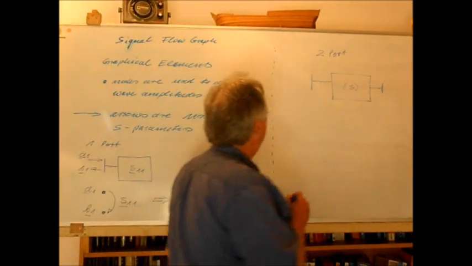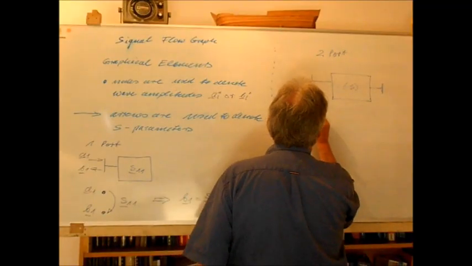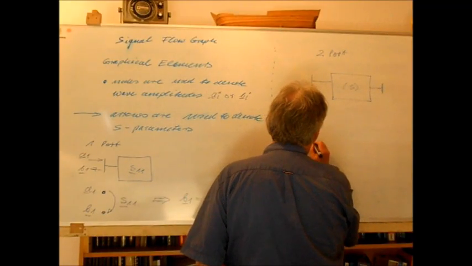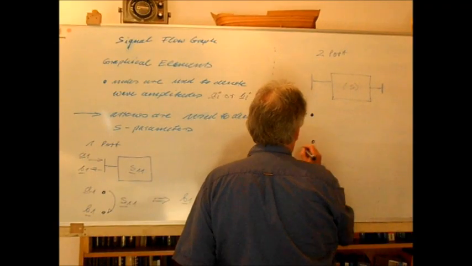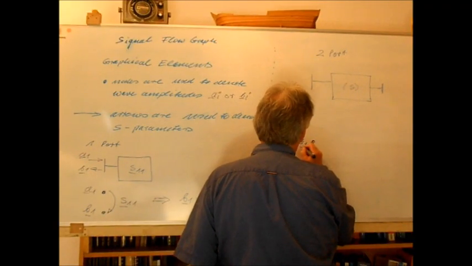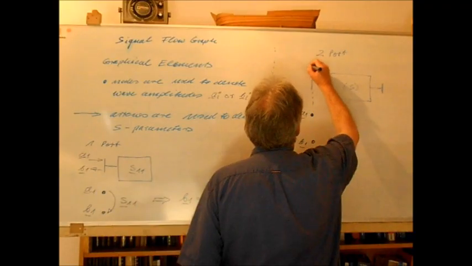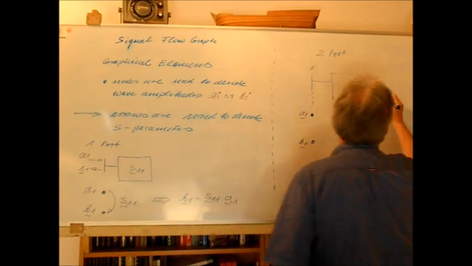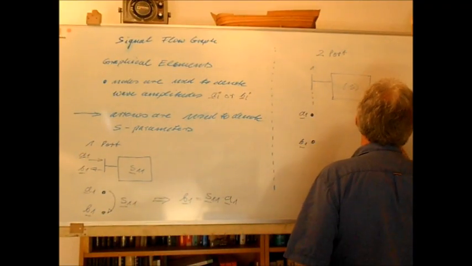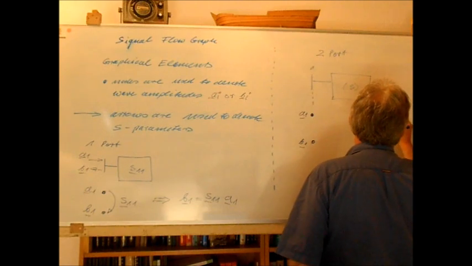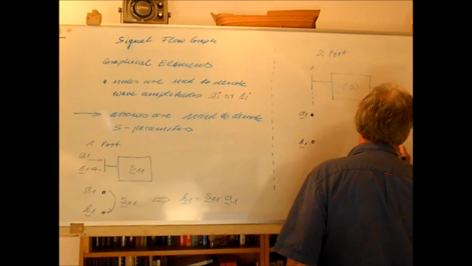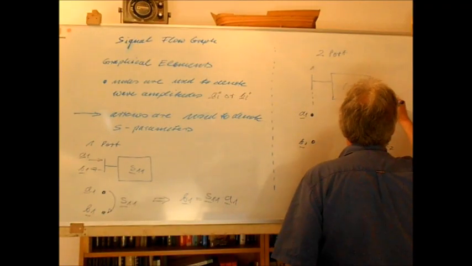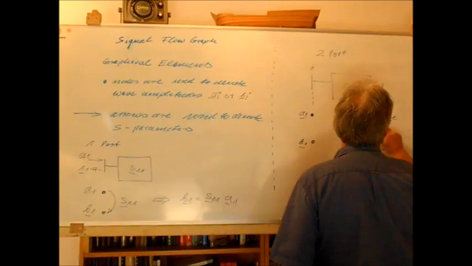We can extend this also to a two-port. In a two-port we have four wave amplitudes, so we have here A1 and B1. They correspond to port 1 here, and we have here, for example, the wave amplitude B2 and A2. They correspond to port 2.